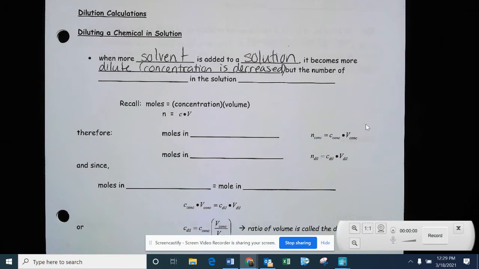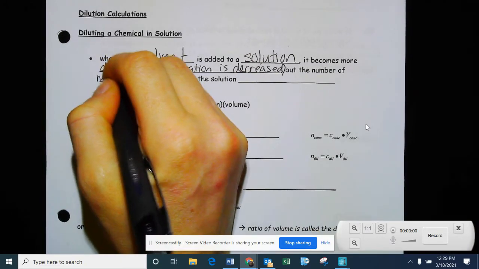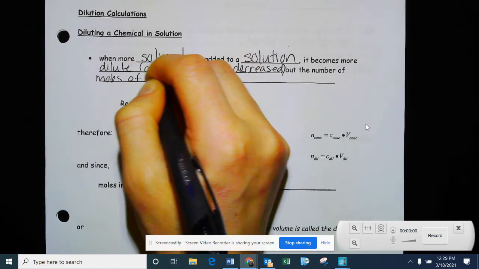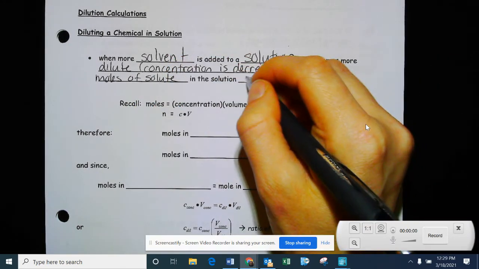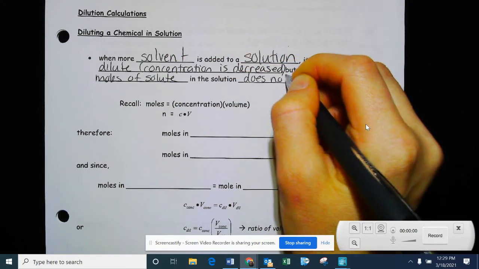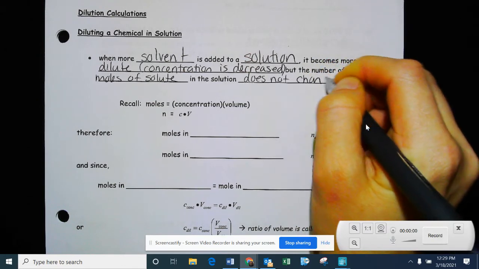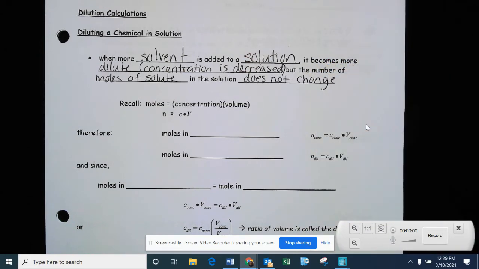But the number of moles of the solute doesn't actually change. How many actual particles of that thing you have doesn't change. They just now have more space to occupy, so they're more diluted.